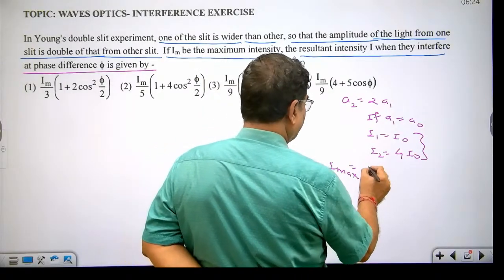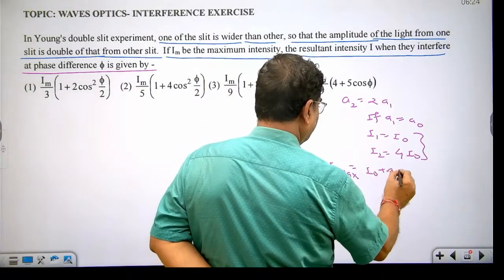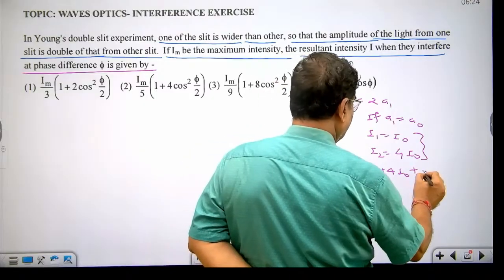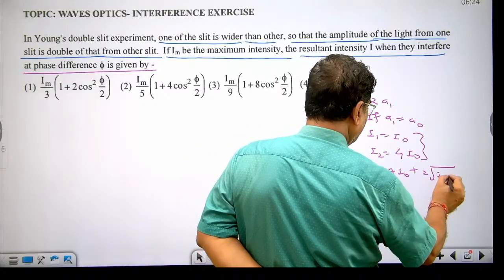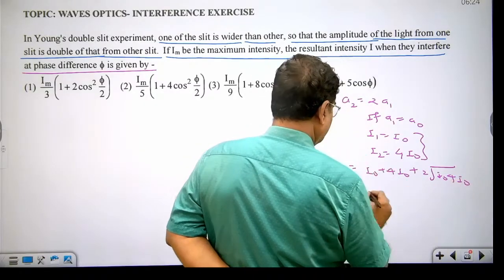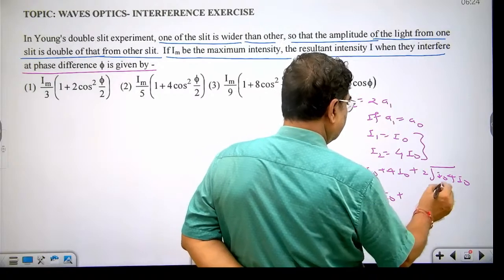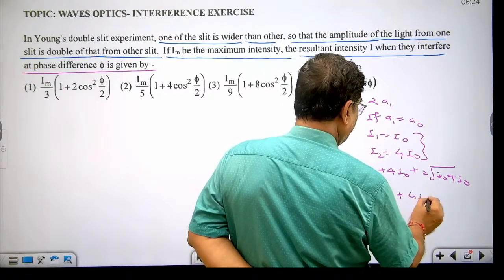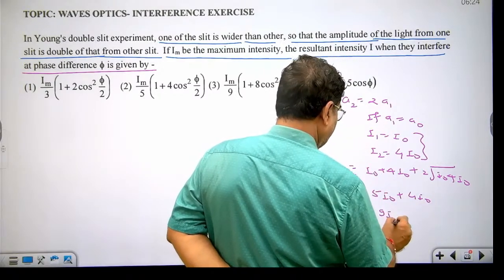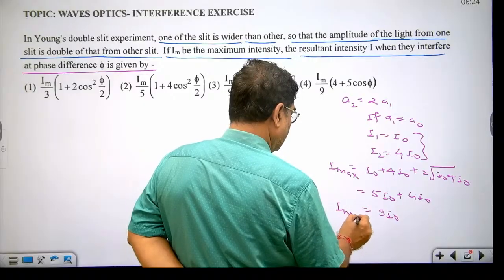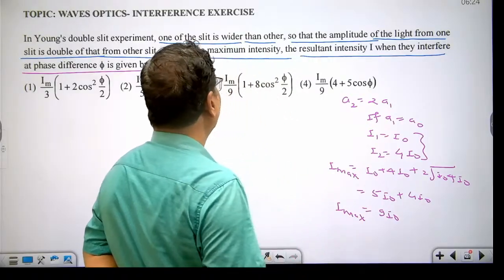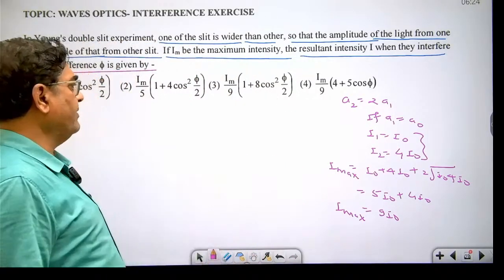I maximum equal to I1 plus I2 plus 2 under root I1 I2. So this is 5I node plus 4I node. This is 9I node. This is I maximum. Okay. So I node equal to I maximum upon 9.